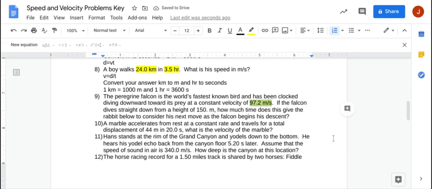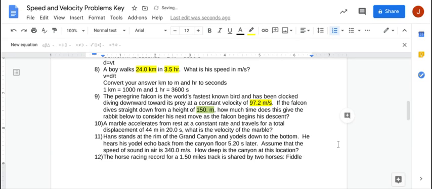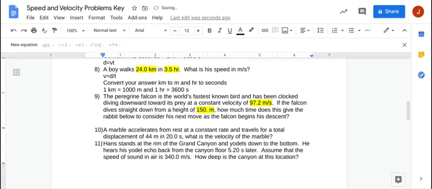If the falcon dives straight down from a height of 150 meters, how much time does this give the rabbit below to consider his next move? So this is a straightforward question. You're trying to find time, so T equals D over V. So you have your distance over your velocity, and your units will be seconds.